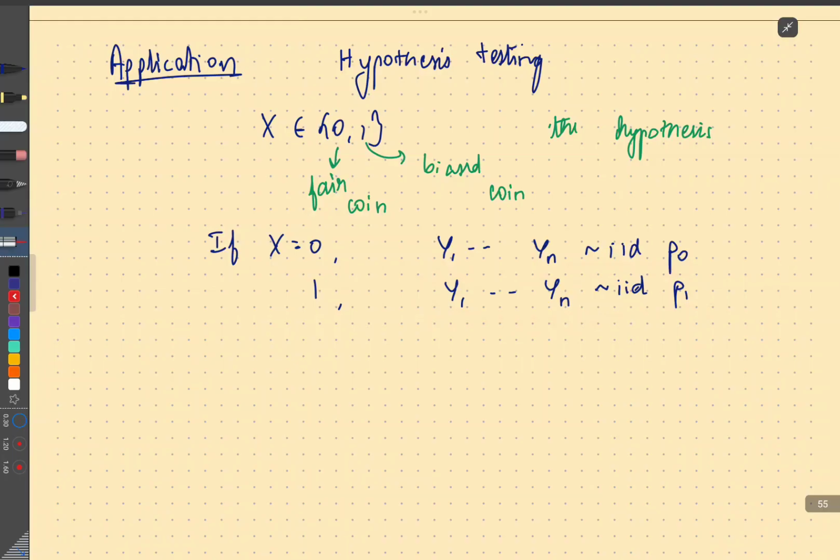The fundamental assumption that we will make over here is that we know the distributions p0 and p1.